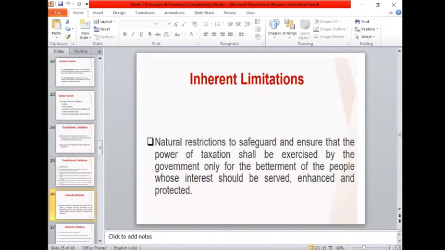And what are those inherent limitations? The inherent limitations are the natural restrictions to safeguard that the power of taxation shall be exercised by the government only for the betterment of the people whose interests should be served, enhanced, and protected.